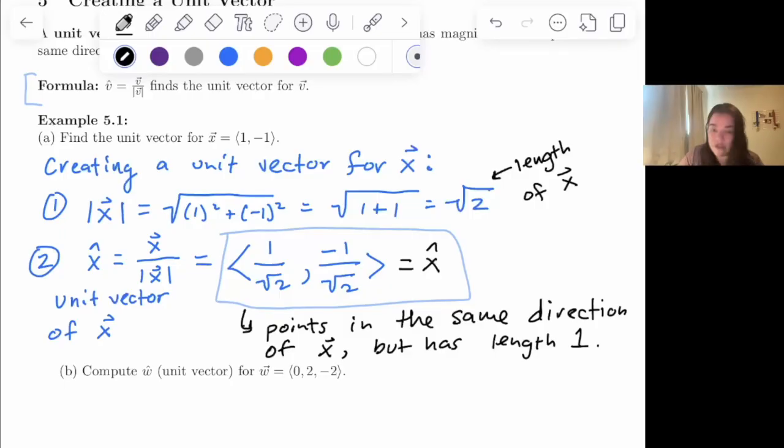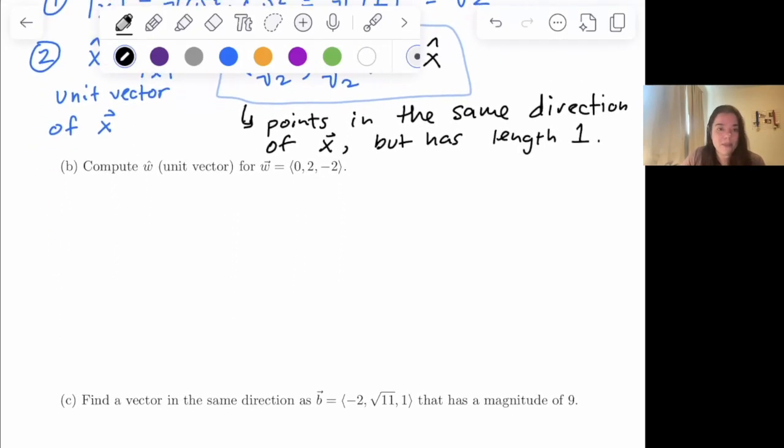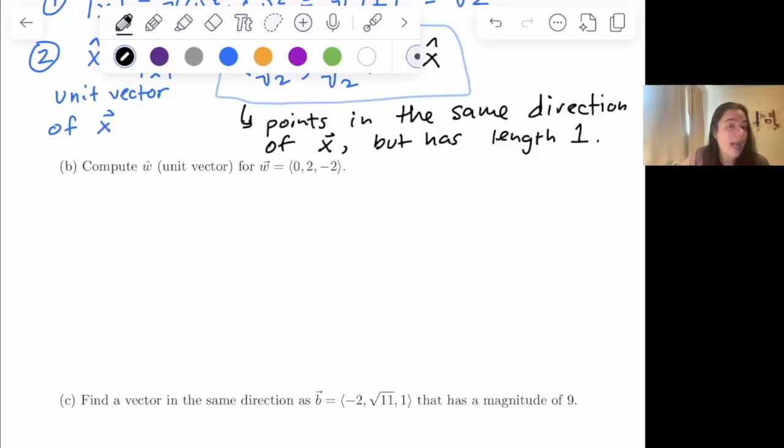All unit vectors have length 1. That's the definition of a unit vector, and we found it. Let's just do it again. Practice, practice, practice. So compute w hat, which is the unit vector for the w vector.